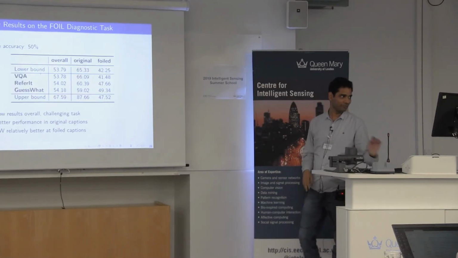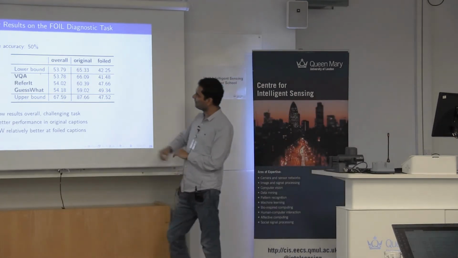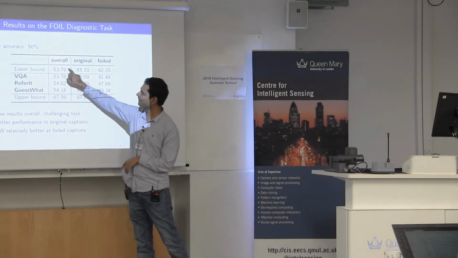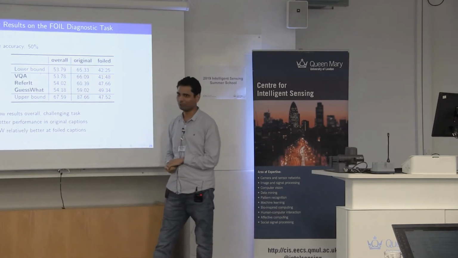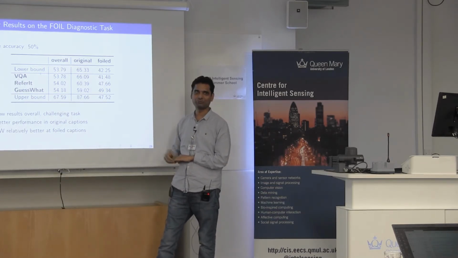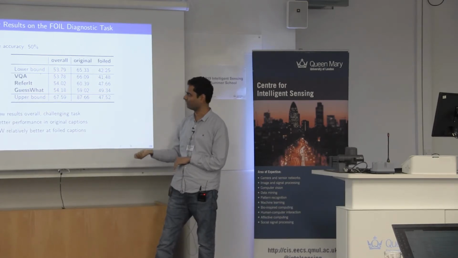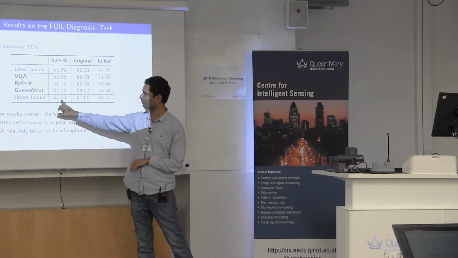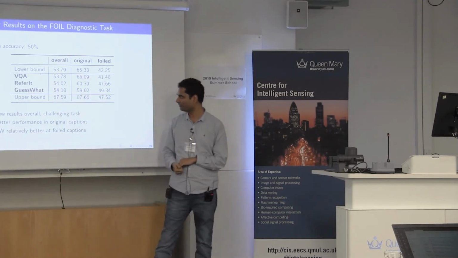What we found out is that all these tasks are basically not bringing anything slightly higher than the lower bound. It's not even 1% higher than the lower bound. So these tasks are basically not bringing anything specific. If we train this whole system, it's still better, so there is a very large difference.